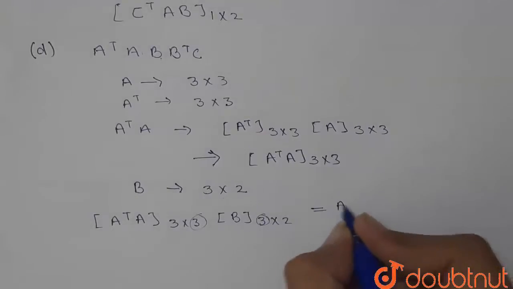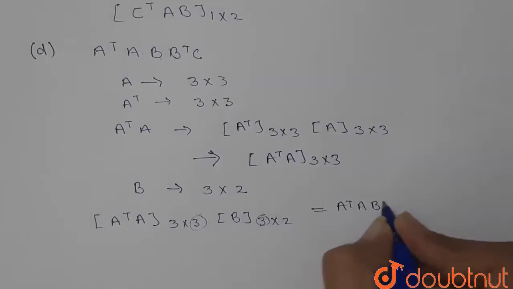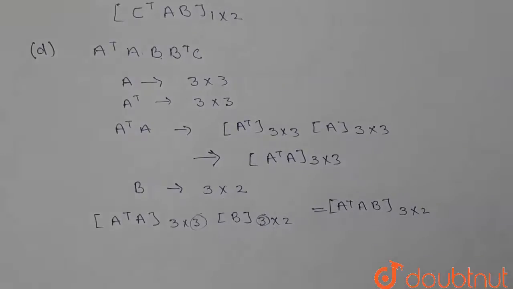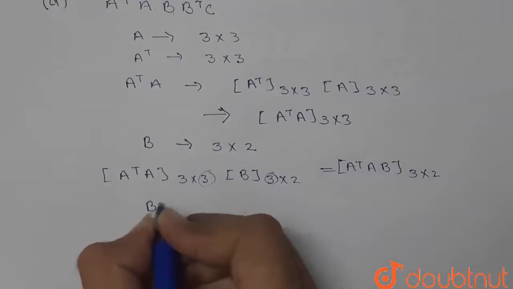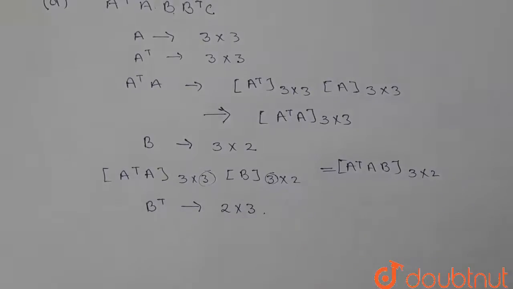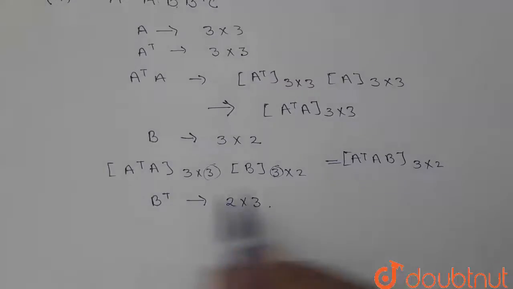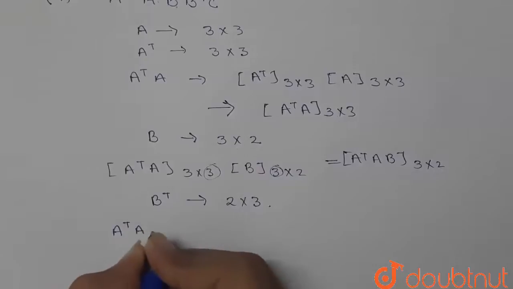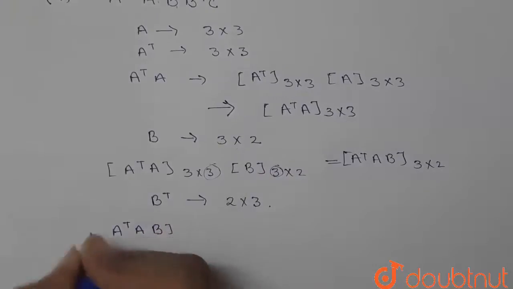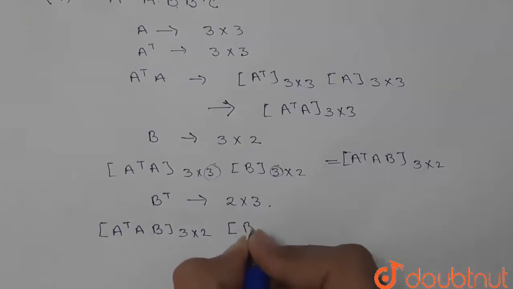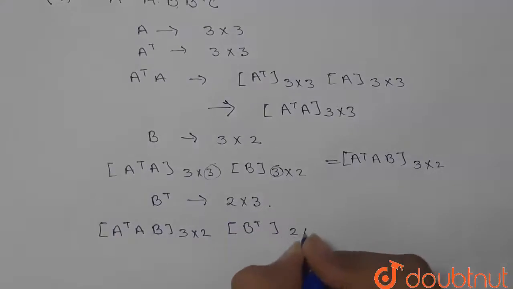So A transpose into A into B will be of order 3 cross 2. Now this is B matrix, that means the B transpose matrix order will be 2 cross 3. Now if I multiply this B transpose with A transpose AB, whose order is 3 cross 2, and B transpose whose order is 2 cross 3.